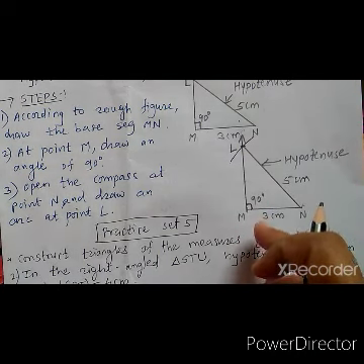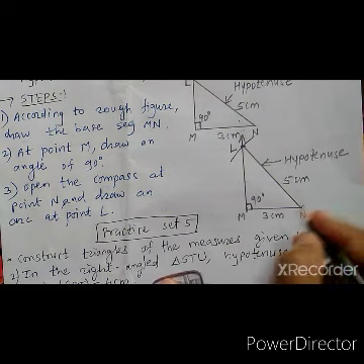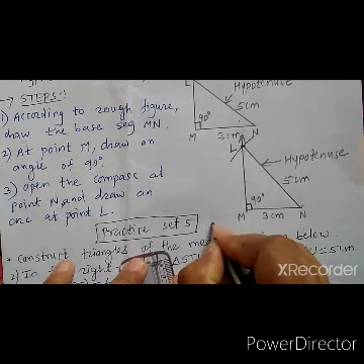Now we got triangle LMN, that is a right angle triangle, and this is the required figure.